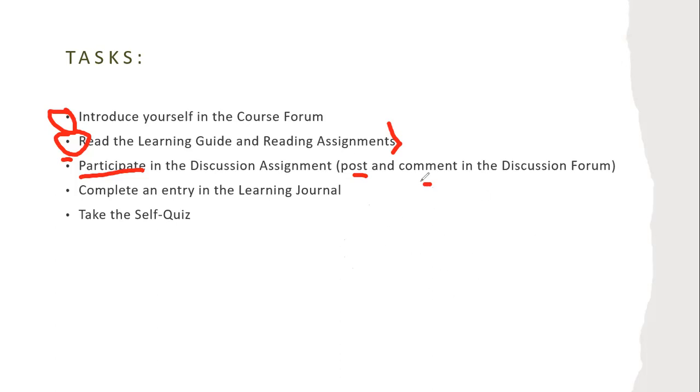You could say good job, but explain why they did such a good job. It's kind of like a compliment sandwich. You start with something positive, then maybe something critical, meaning maybe challenging something they said if you want, and then another positive comment as well. Please complete an entry in the learning journal and then take your self quiz.